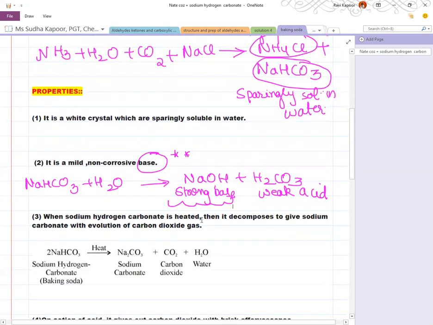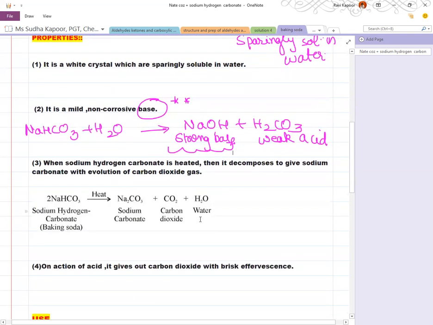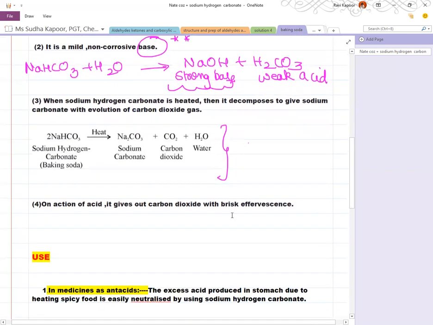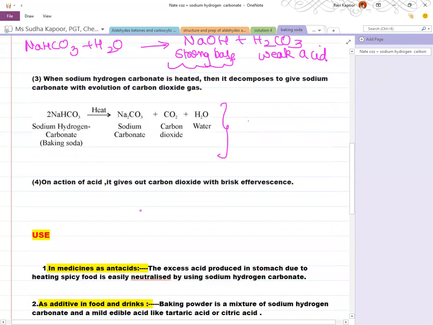The other property: when baking soda is heated, it decomposes to give sodium carbonate, carbon dioxide, and water. This plays a very important role in how baking soda works in foodstuffs. On heating, NaHCO3 gives Na2CO3, water, and CO2.